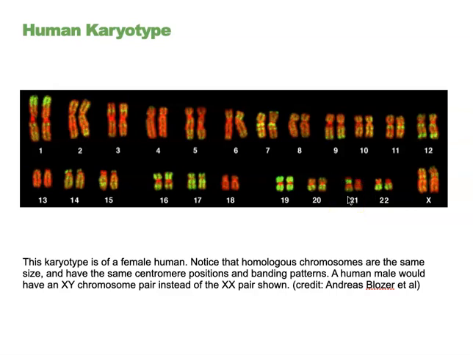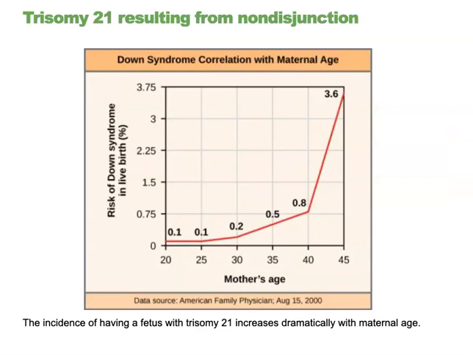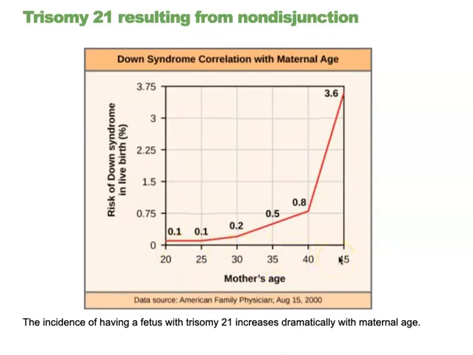Okay, and that non-disjunction, the example we're about to work through, of course, is what could actually happen. If at meiosis or mitosis when cells are replicating, you change the number of chromosomes or chromosomal arms that are sent between each cell, you can actually create problems. And this is trisomy 21. And this is what actually happens as a result of non-disjunction. And this is if a mother's age begins to go along for some period of time, okay?